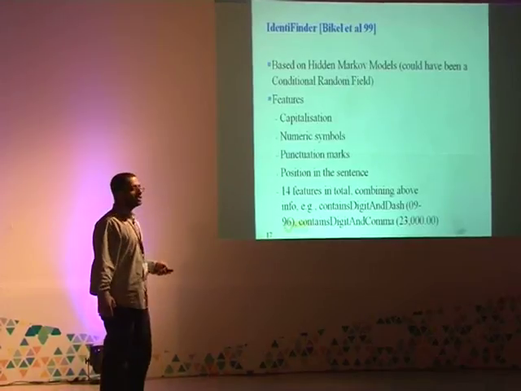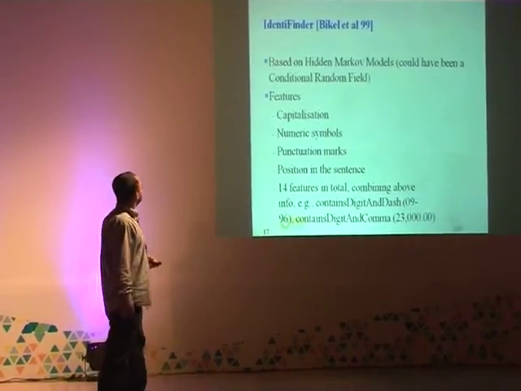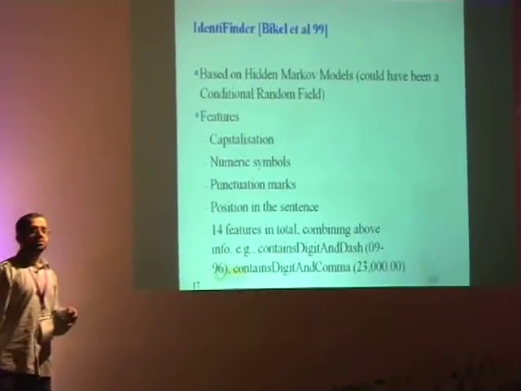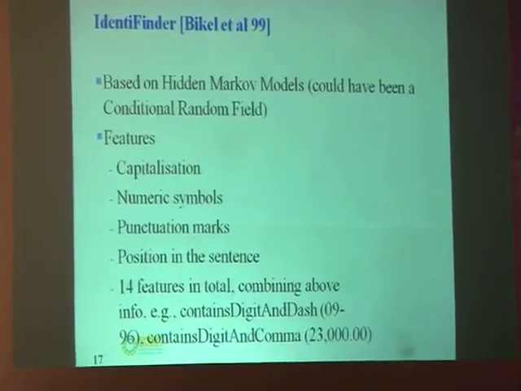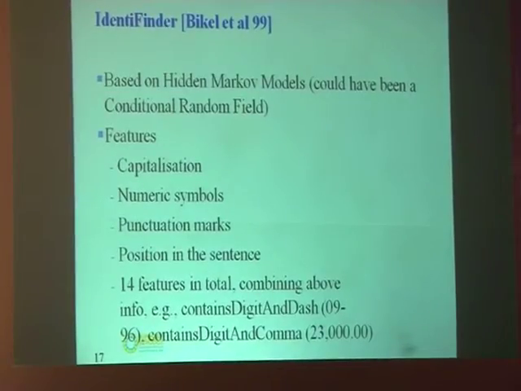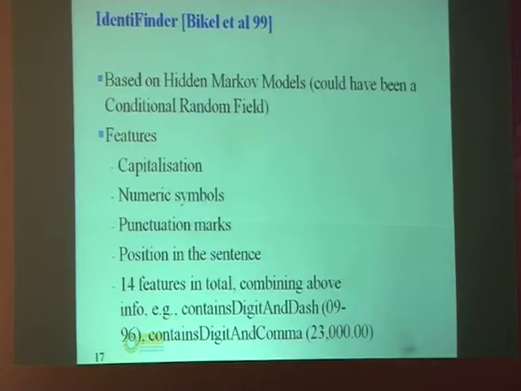The features that this model employed, for example, were capitalization. So does the token start with a capital letter? Numeric symbols, punctuation marks. So for example, you might have a comma following a location name, and position in the sentence. There are certain types of named entities which you don't expect to occur at the end of a sentence.